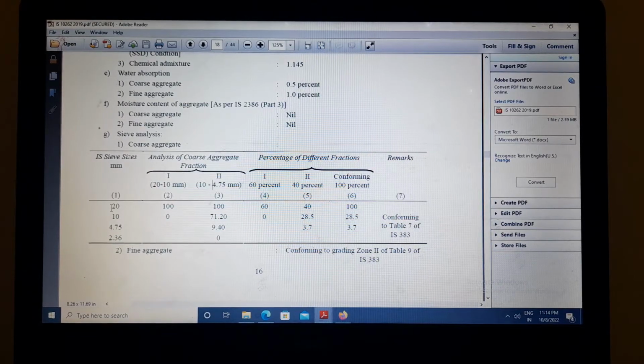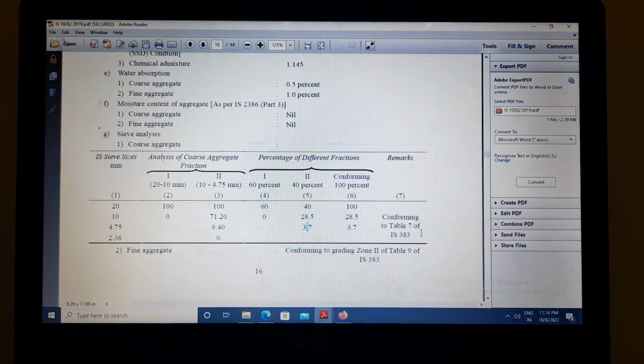These are the sieves we are going to check the gradation: 20 mm, 10 mm, 4.75. This is the individual gradation for 20 mm aggregate, and this is the individual gradation for 10 mm aggregate. Anyway, we are going to blend 60% 20 mm aggregate and 40% 10 mm aggregate to achieve the required gradation as given in table 7 of IS 383.